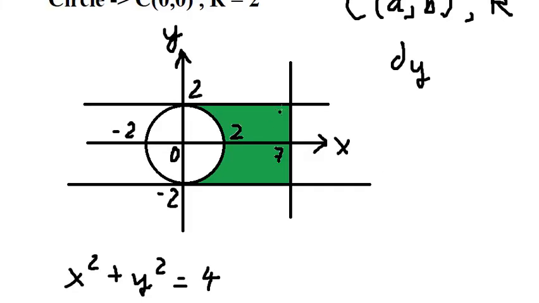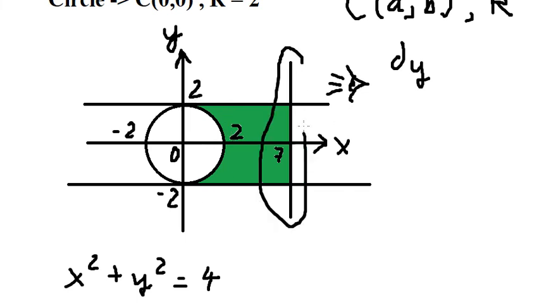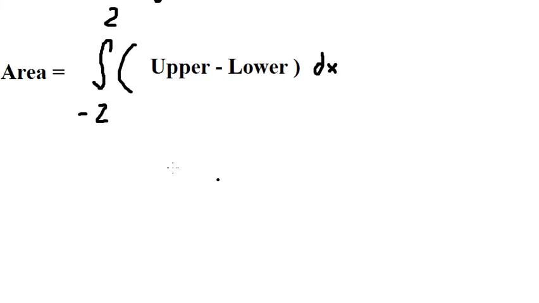If we look at the graph, we see that this is the upper, this is the lower, because when we look like this, we see that this one is higher than this one in here. So that's why this one should be the upper. The upper is 7. So we put 7 in here.